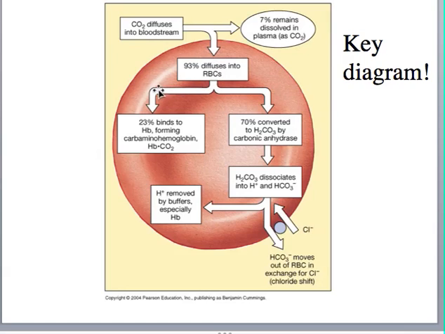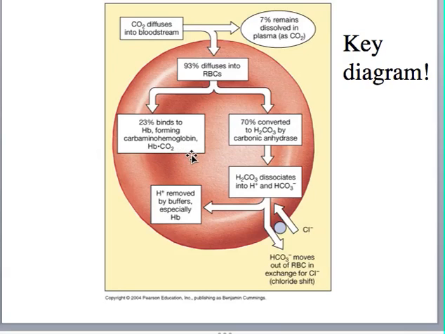Once it's in the red blood cells, about 23% will bind to hemoglobin, forming a molecule called carbaminohemoglobin, which is really just hemoglobin with CO2 attached to it. So we just usually write it as Hb with a little line and then CO2.